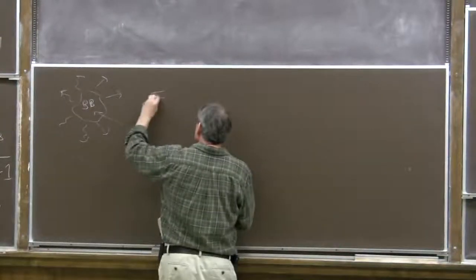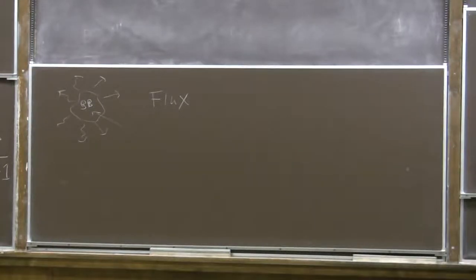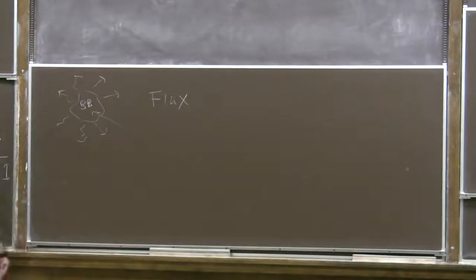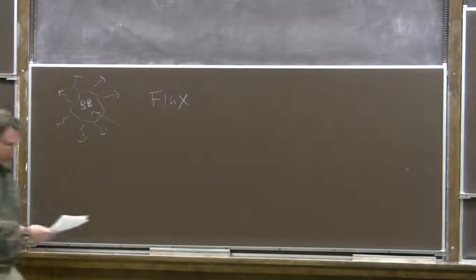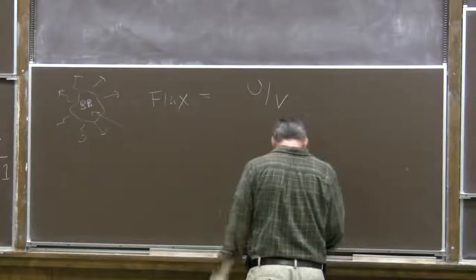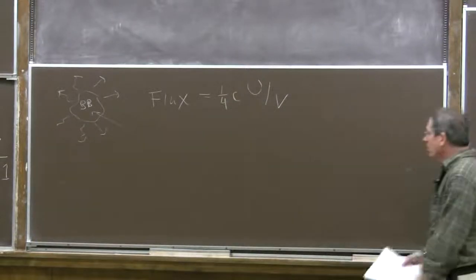The flux, that is, the rate at which energy is radiated by the surface of the body per unit area, is proportional to the fourth power. Actually, it's just given by our expression for energy per unit density times c times a factor of 1/4.